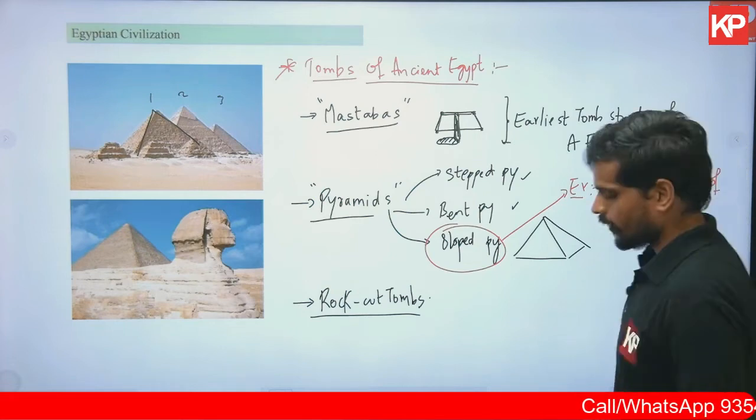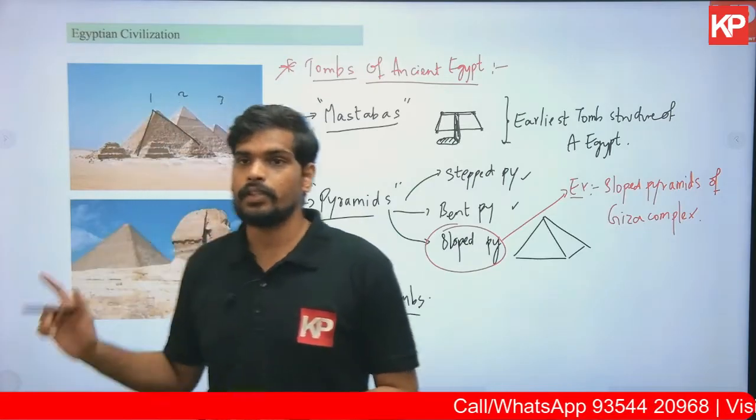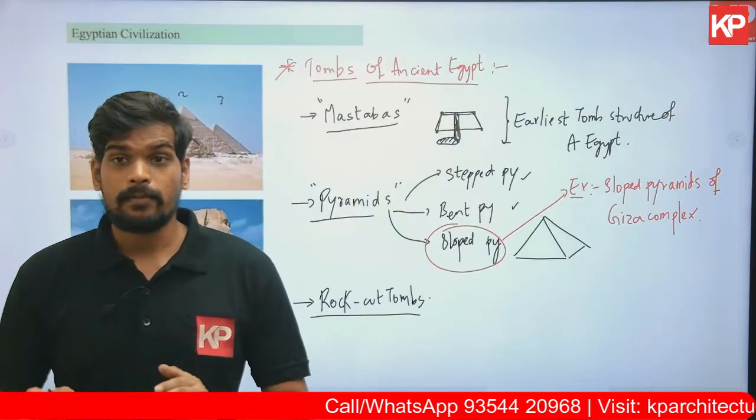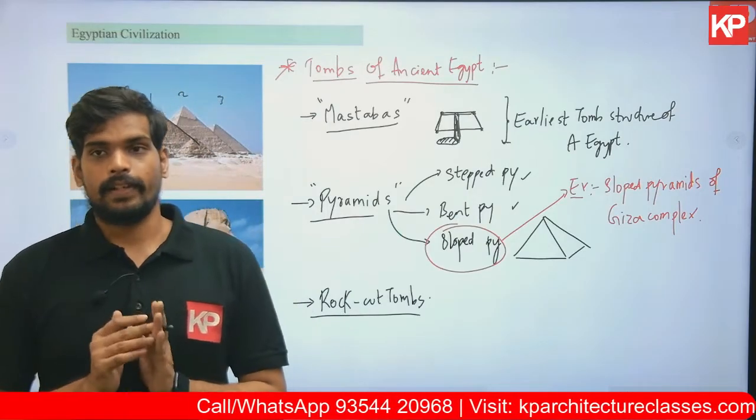Giza is a city in Egypt where you find these pyramids. There are three large pyramids on this site, and the largest one is called the Great Pyramid. Where is the Great Pyramid located? It is located in Giza.